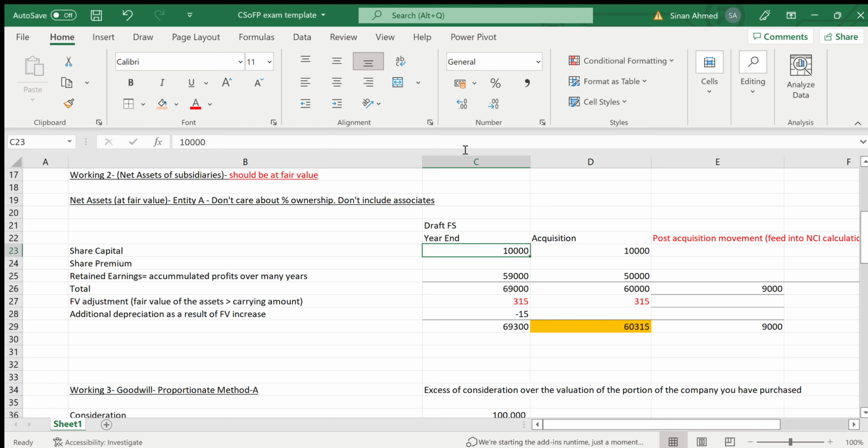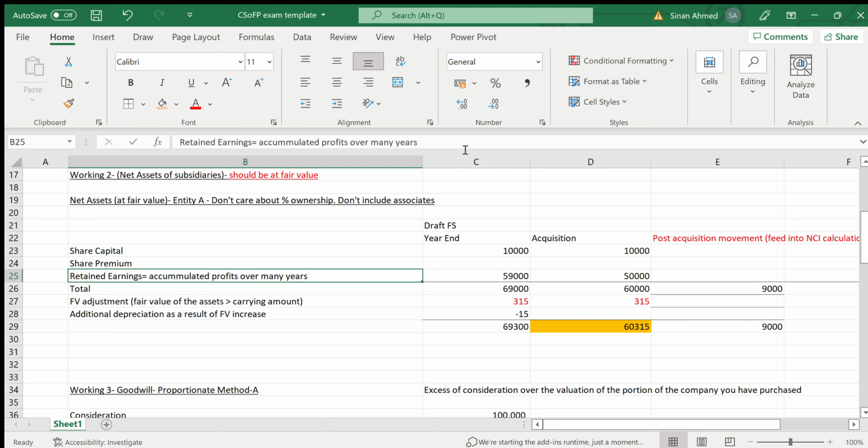Okay, so for subsidiaries we need to understand equity at the year end and acquisition. Make sure you include share capital, because that's part of equity, and include 100% of the share capital. So for the year end you can get the figures from the draft FS. Acquisition they'll tell you.